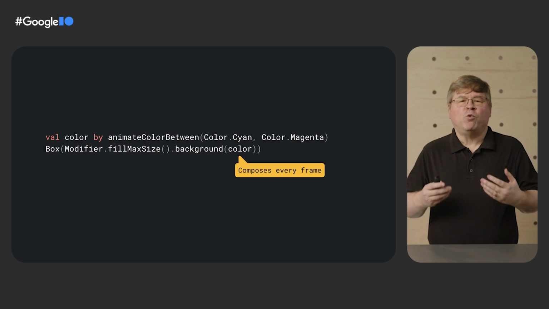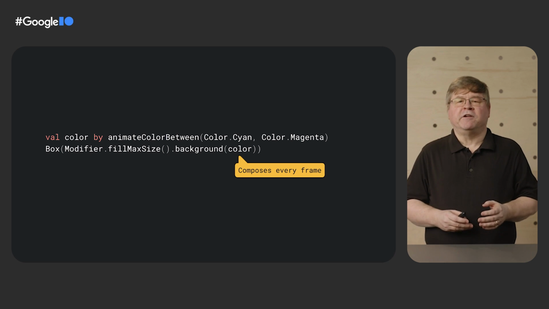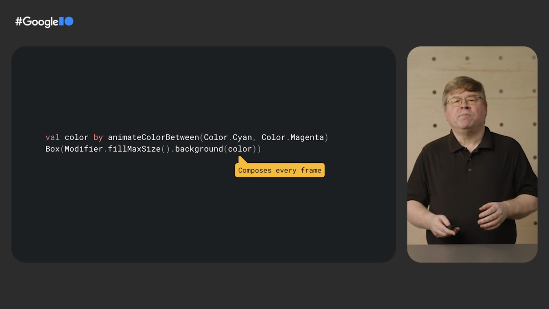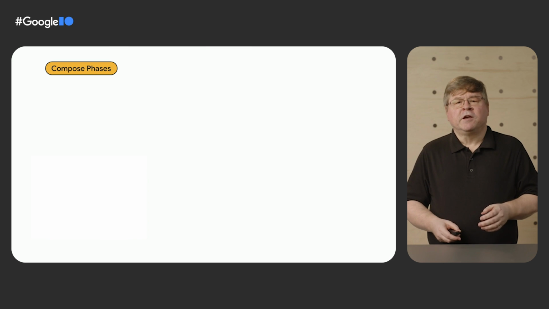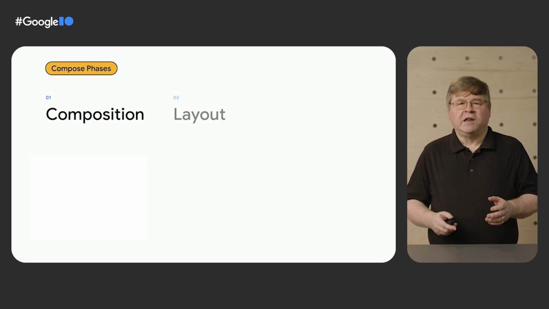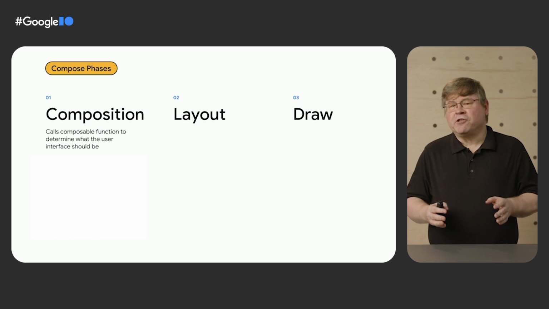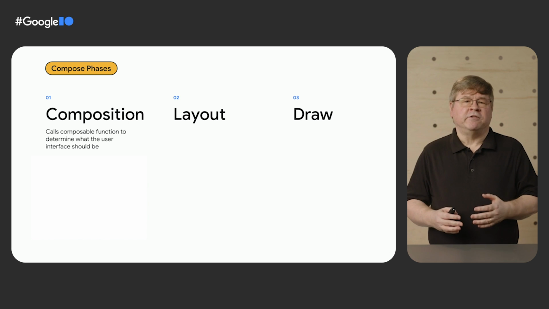To understand why composition might not be necessary here, we should first understand how Compose works. Compose has 3 primary phases: composition, layout, and draw. In the first phase, composition, the composable functions are executed.